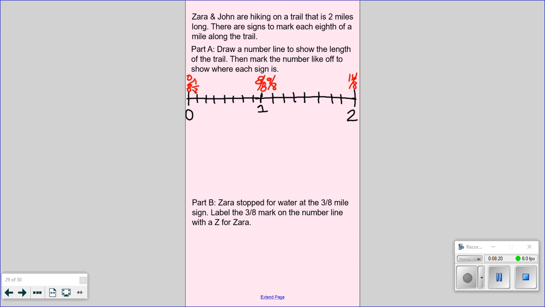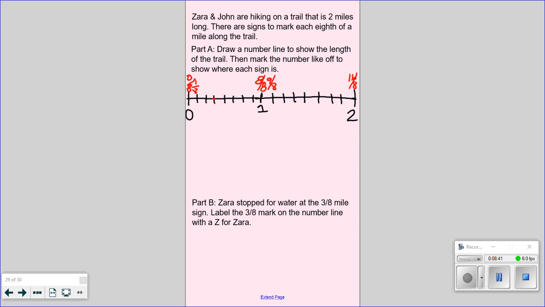Zara stopped for water at the 3/8 mile sign. Label the 3/8 mark on the number line with a Z for Zara. So I'm going to find where I put 3/8. Granted, I didn't fill that in, but I can find it. 1/8, 2/8, 3/8.